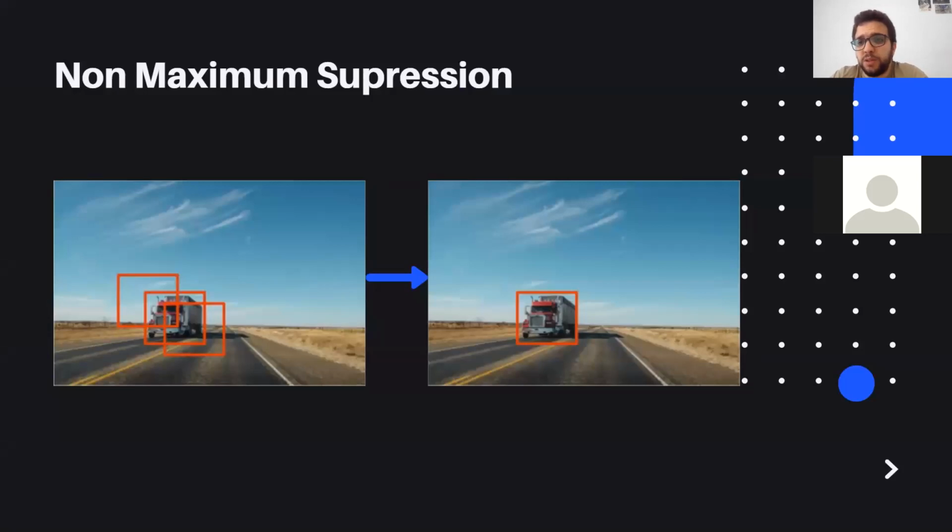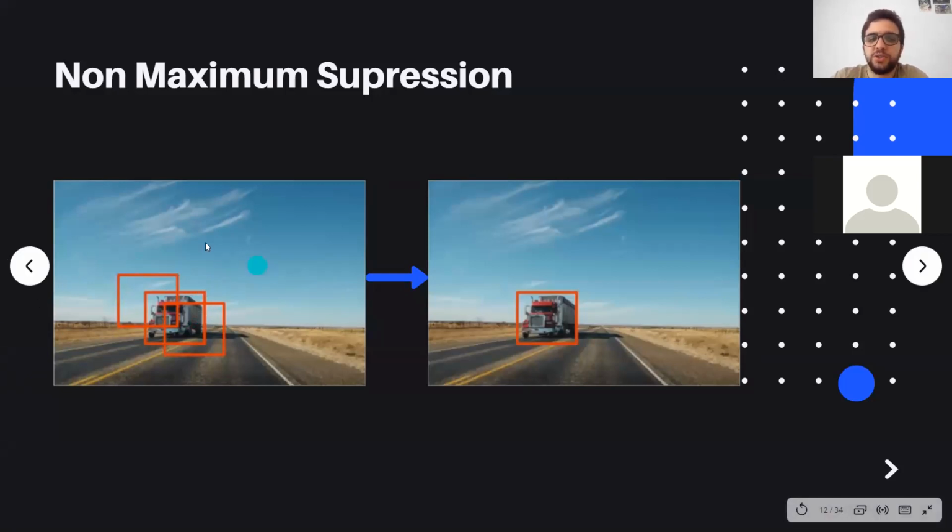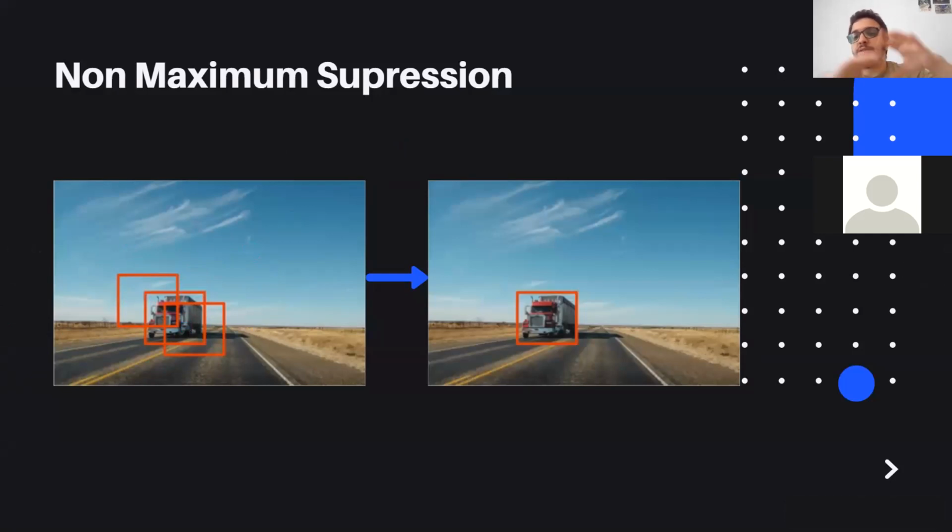We saw that one big problem with this model is overlapping bounding boxes. And we proposed an algorithm for solving this problem, called non-maximum suppression, which focuses on finding the bounding box with the highest confidence, and then removing the other bounding boxes that overlap with it greatly.